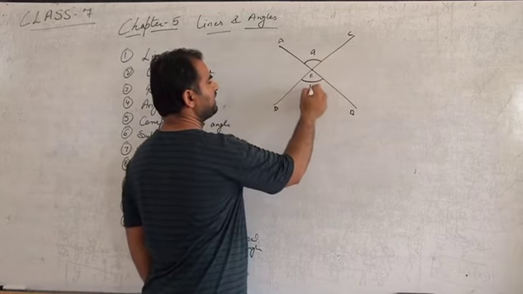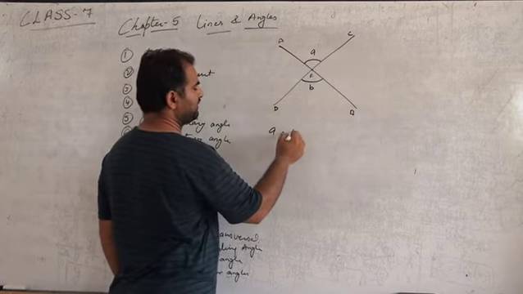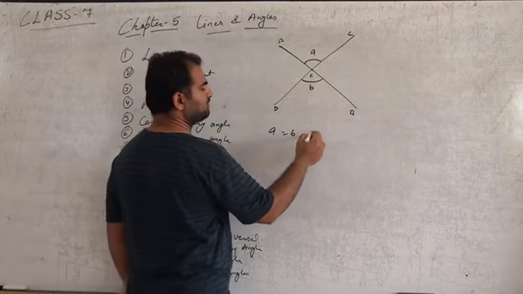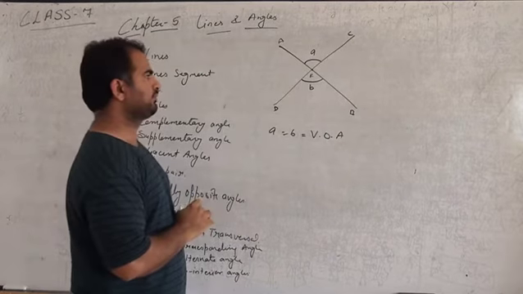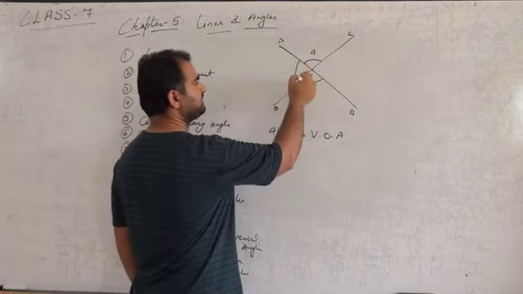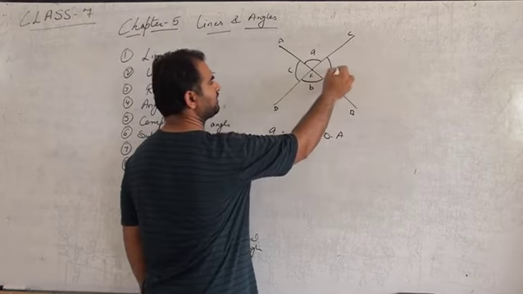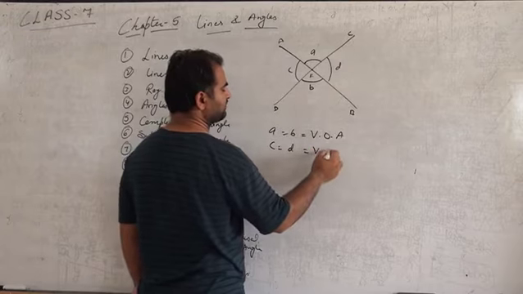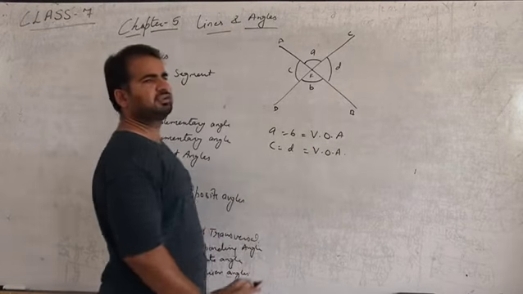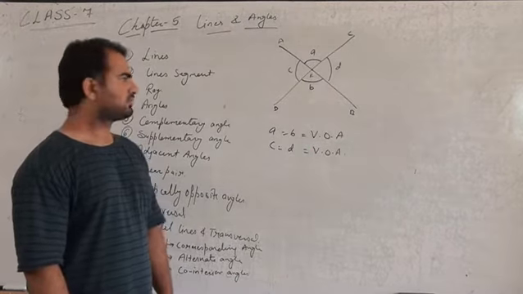A equals B, vertically opposite angles, VOA, and angle C and angle D will also be equal. Angle C equals angle D, also vertically opposite angles.